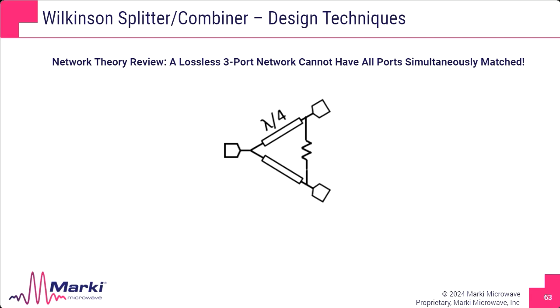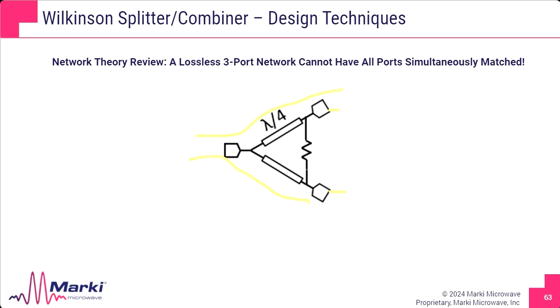And it additionally provides isolation. You can see this is the signal path. The resistor is not in the signal path, so it's not going to waste power like in a resistive design. Only when there's a difference in voltage at this port and this port will the resistor begin to conduct and eat up that undesired signal.